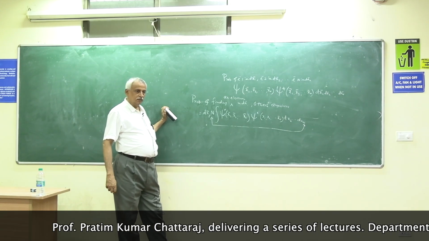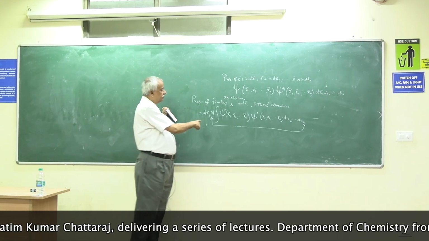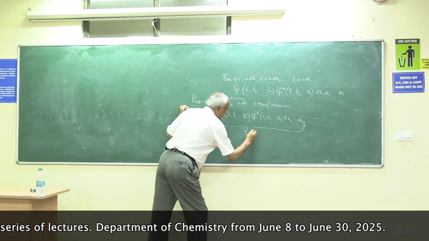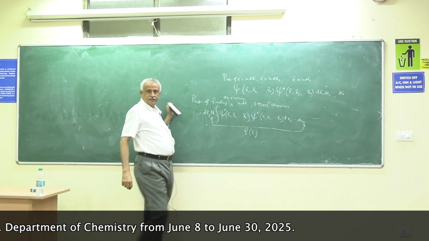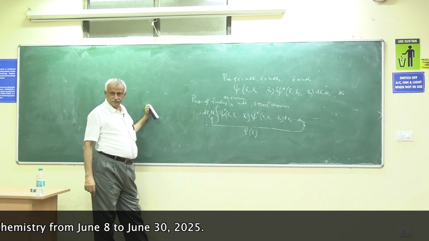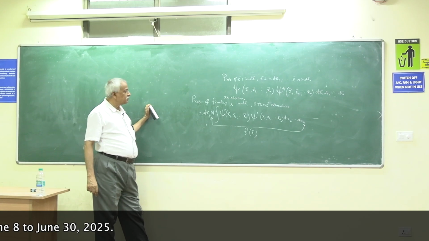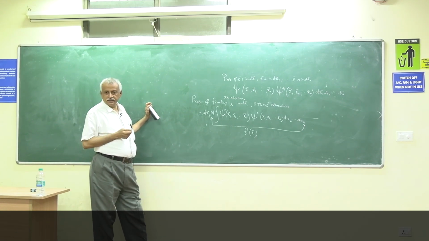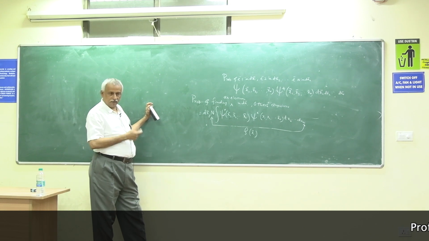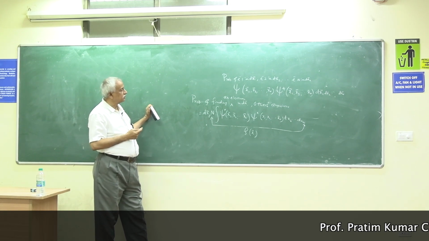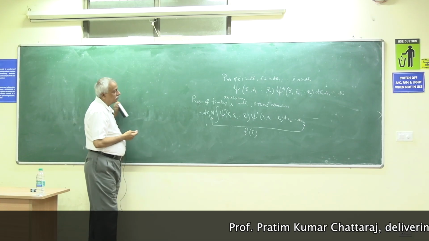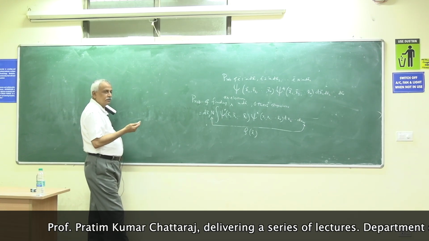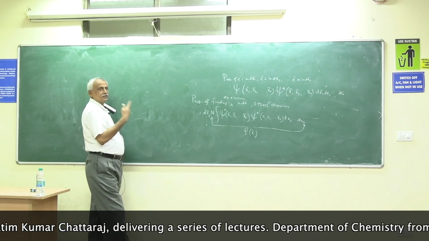Now let's write this as rho of x, the single particle probability density. Now suppose I don't want to talk about the spin of that electron, as we have done before. We will say the probability of finding an electron with others anywhere, irrespective of the spin.